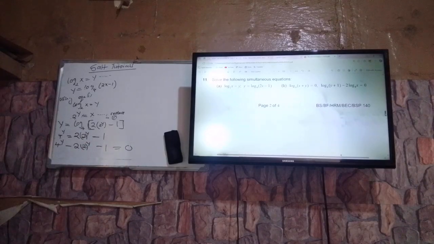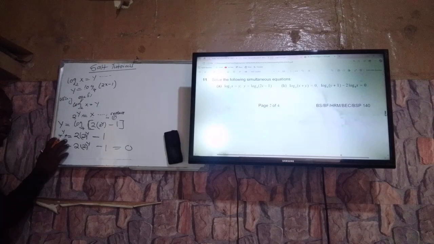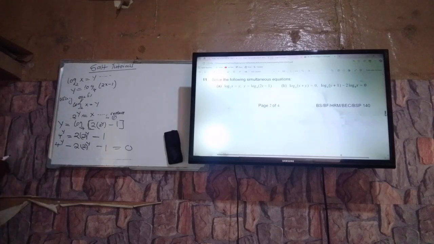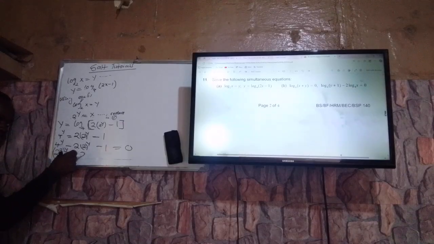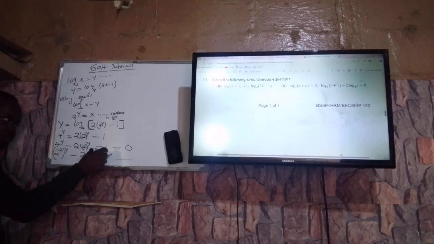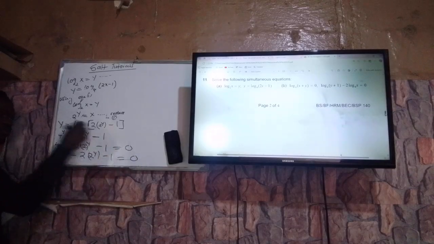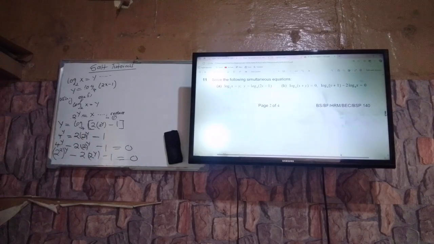This 4 power y can be written in a special way, such that according to exponential properties, the 4 can be broken down to 2, with the y outside, so we have 2 power y, squared, minus 2 power y minus 1 is equal to 0. This is what we have.